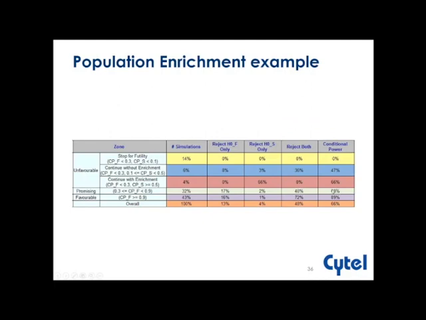Which is okay. Now, in a standard promising zone design where we don't enrich, and you end up in the unfavorable zone, you're typically going to have low conditional power. But because we've built in the adaptive enrichment rule, if we decide to enrich, we can have 66% power compared to the cases where you do not enrich, which is 47%.